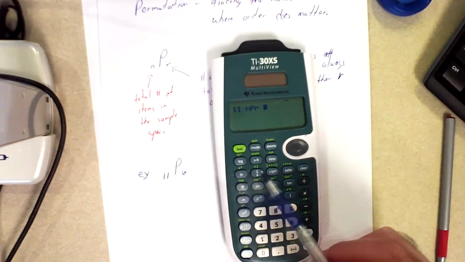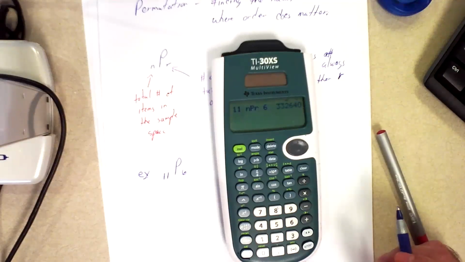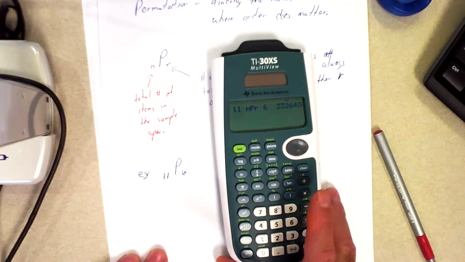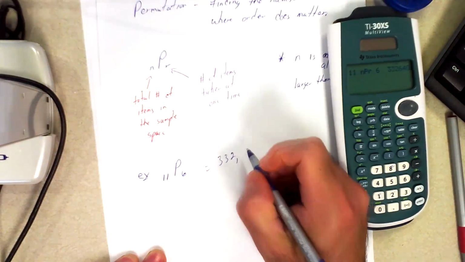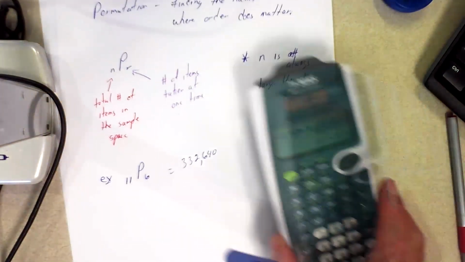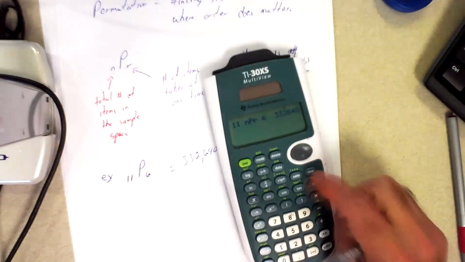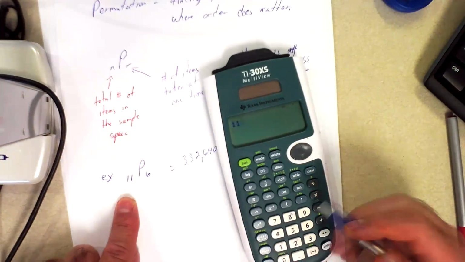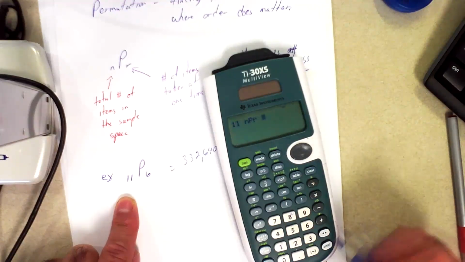Then you put your 6 and hit enter. Wow, that's how much taxes I owe this year. You get 332,640. Yes, it is a large number, but that's what it is. Again, type in the left number, 11, nPr, enter, and then the right number, 6.